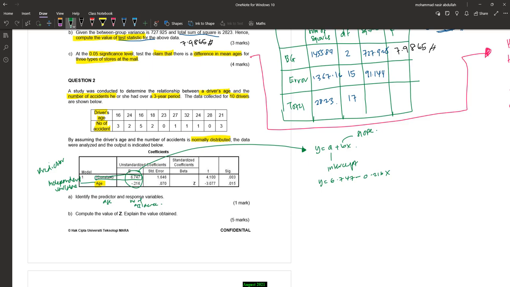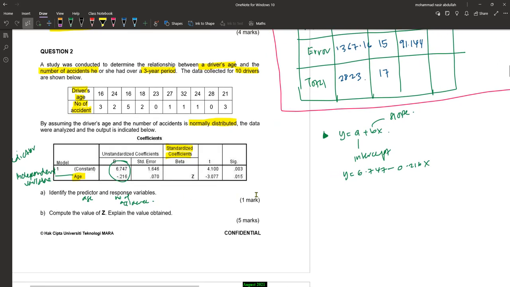But the other coefficient here is the standardized coefficient. The standardized coefficient does not have an intercept. To calculate the standardized coefficient, this is 5 marks, a very tough question.